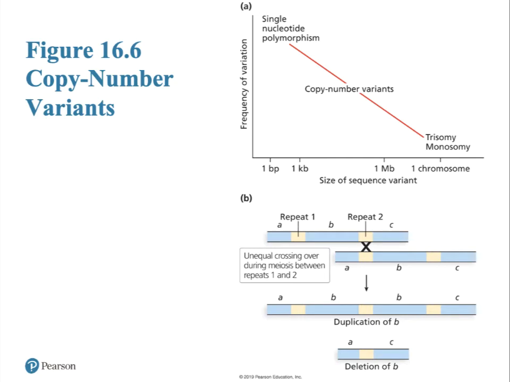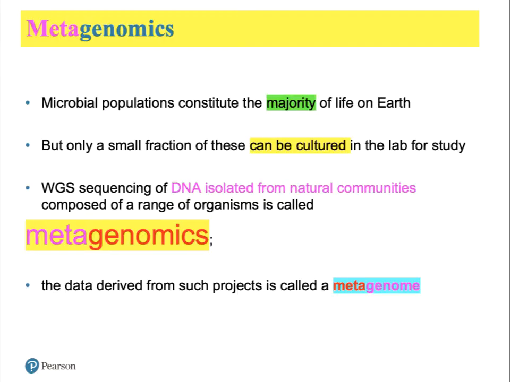Suppose you went down to your local sewer and took a sample of the liquid from that location, and you sequenced everything that you found in terms of DNA within that solution. That would be a metagenome.